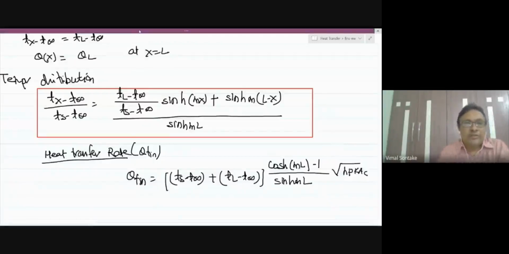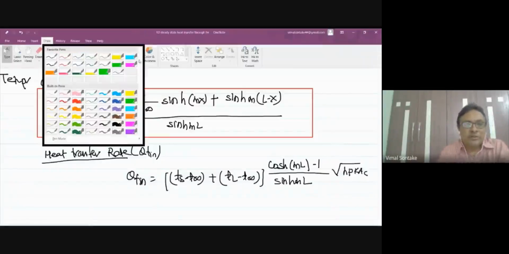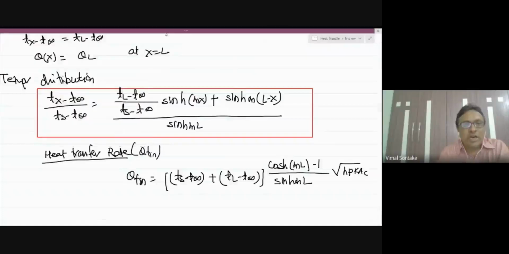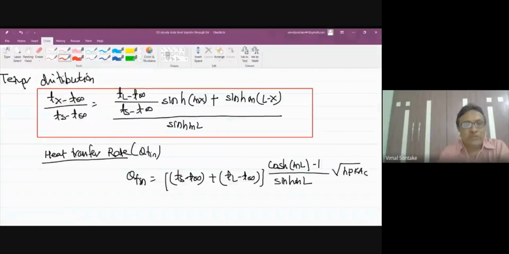So this is the rate of heat transfer. In all earlier cases, we have found equations for these two terms.